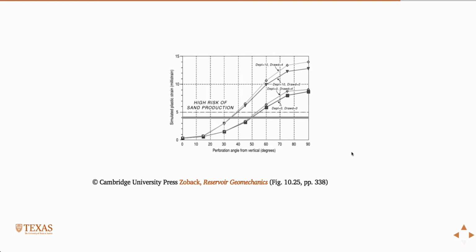But nevertheless, you see for small angles from vertical, you're safe. But if you go too large from vertical, which 90 would be horizontal, then you're going to be in this danger zone. And the depletion rate does matter a little bit, right? But anyway, just a couple of different ways to look at these things.